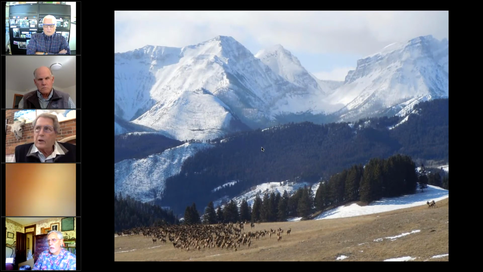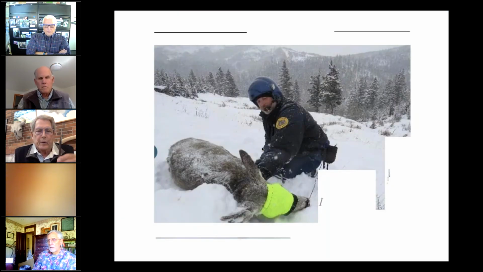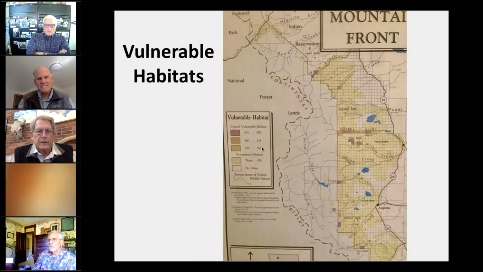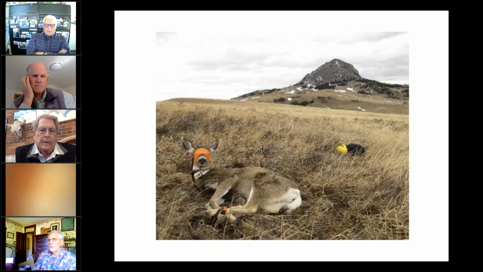So in the beginning, grizzlies became the first species to be studied. And then as budgets allowed, more and more of these species were identified, ground truthed, and put into maps. This one was a mule deer study along the front.